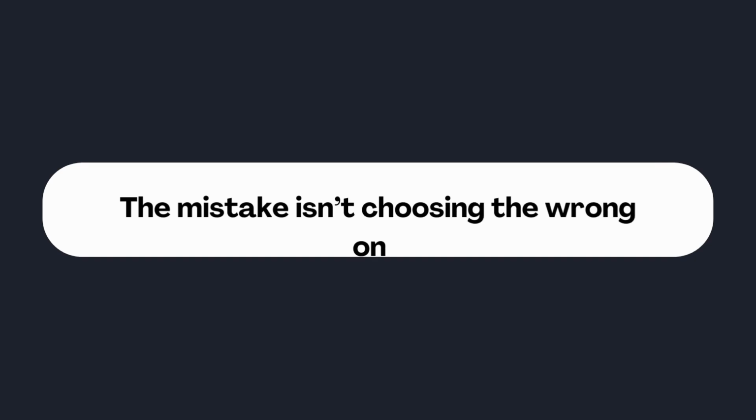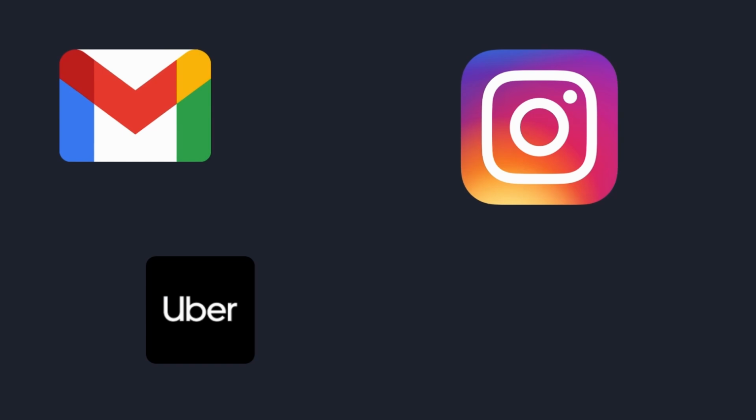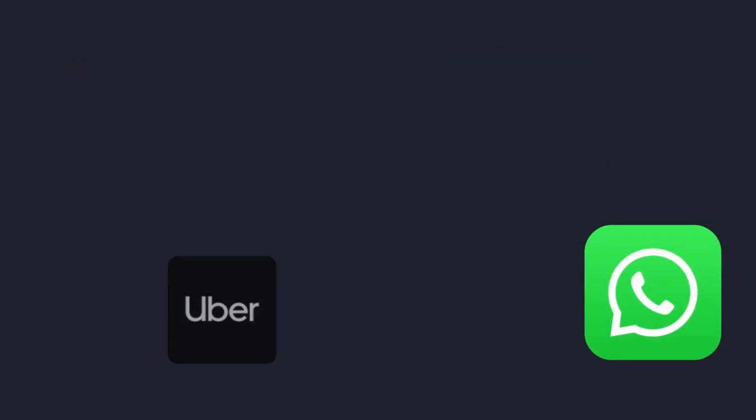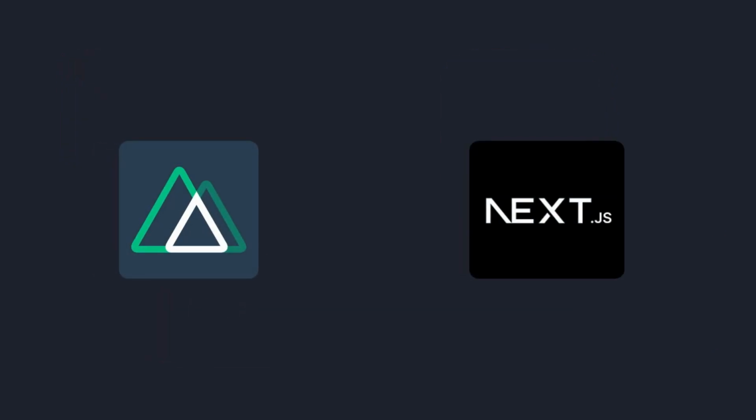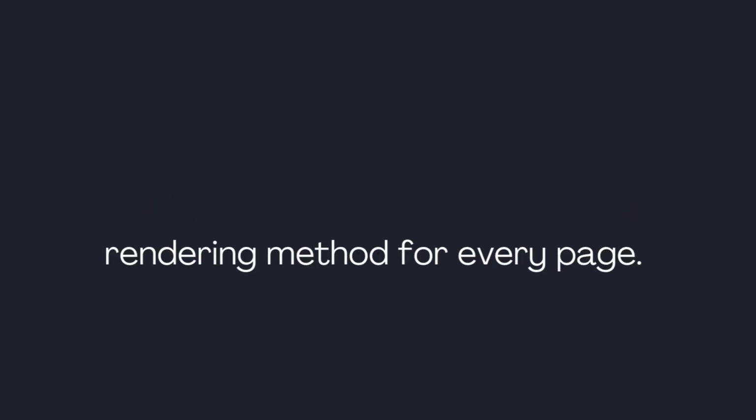So what's the huge mistake? It isn't picking CSR, SSR, or SSG. The huge mistake is thinking you have to pick only one. The world's best applications are hybrids. Modern frameworks like Next.js are powerful because they let you make the choice on a page-by-page basis.